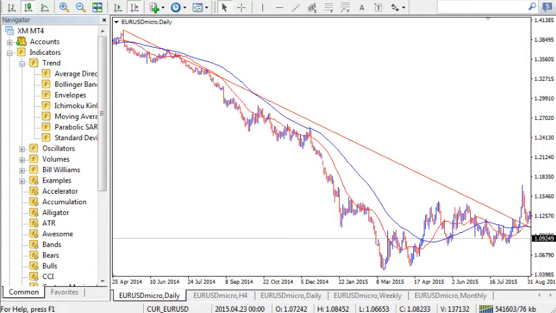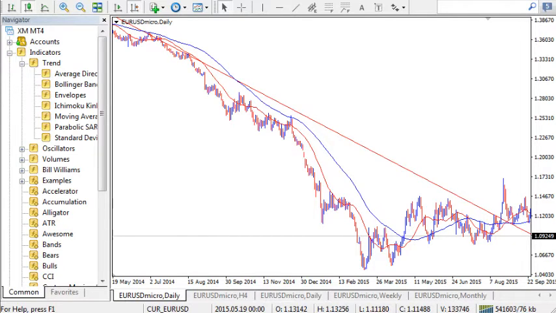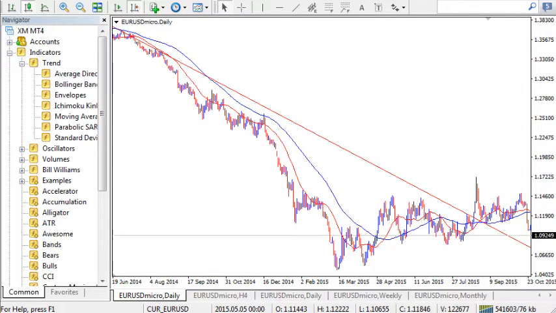Happen here, and here we have a break above. The same with moving average as with trend lines. When prices cross above the averages, it is an indication that the trend is at least exhausted.